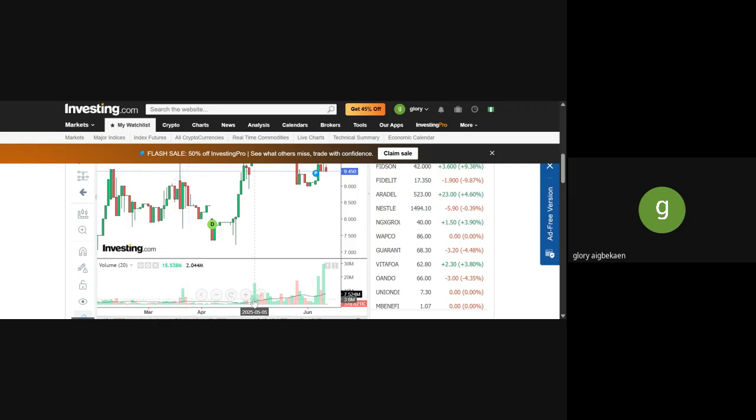But starting from here, 6.9, 15 million, 17 million, 20 million, 10 million, 29 million. So if you even see the average volume traded, that's the black line there.